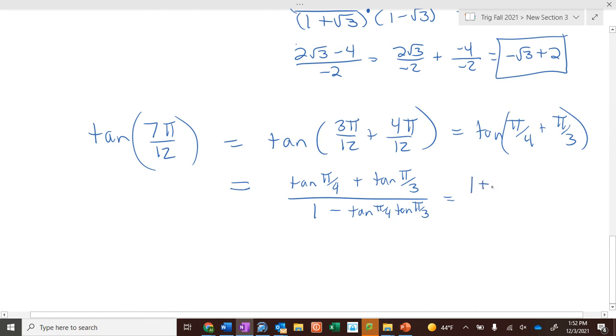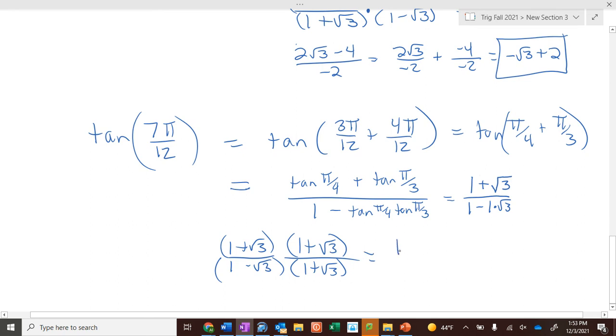Tangent of pi over 3? Square root of 3 over 1 minus 1 times square root of 3. So when you have 1 plus the square root of 3 over 1 minus the square root of 3, you multiply by the conjugate of the denominator, which is 1 plus square root of 3.